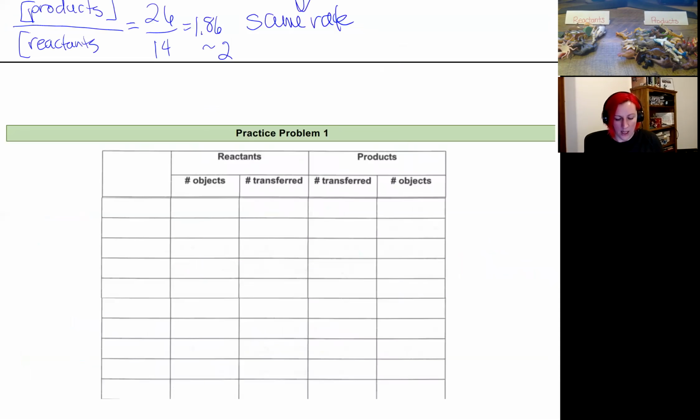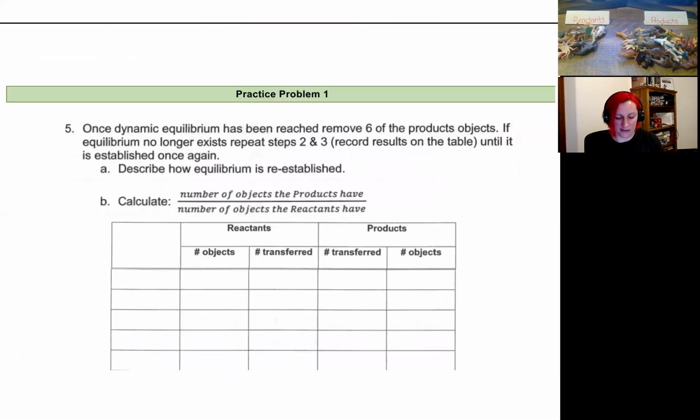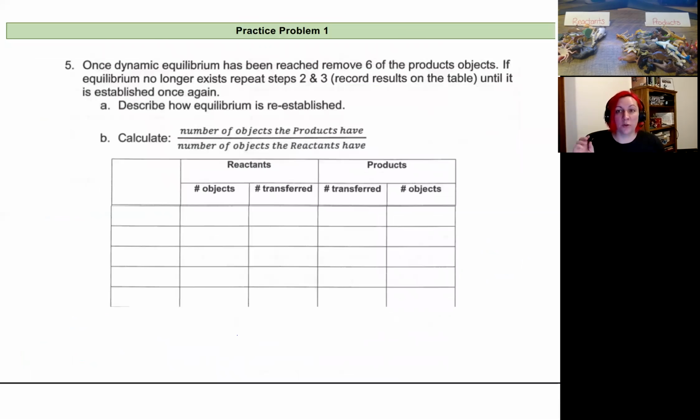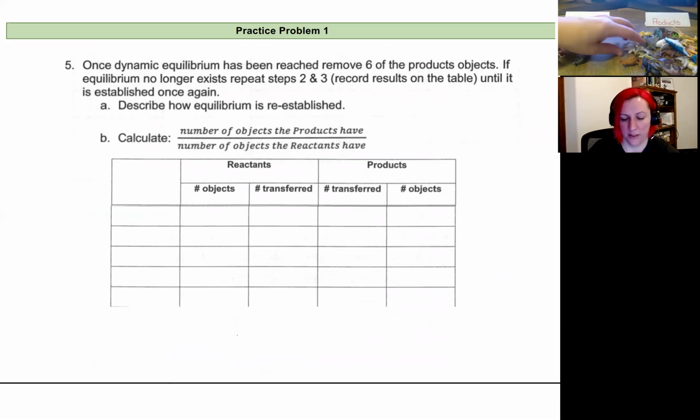So let's make a change. The next step of this is we are going to remove some of the products. So we have our same equilibrium, and I'm going to remove 6. 1, 2, 3, 4, 5, and 6. And I'm going to set them aside. If we were in class, you'd get to eat the M&Ms or the Skittles, but whatever.